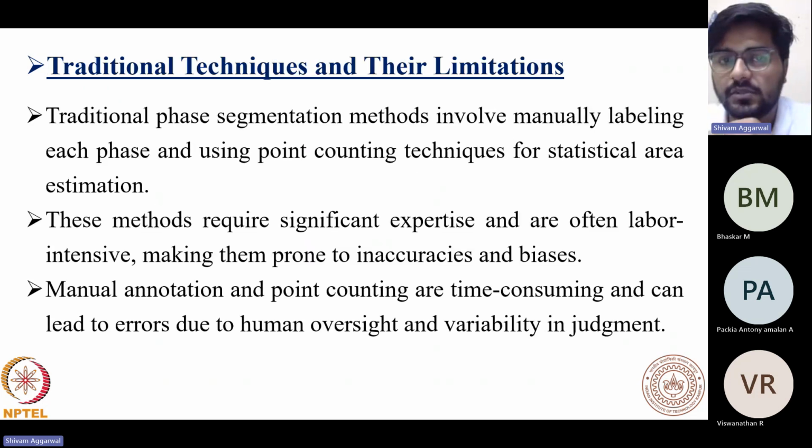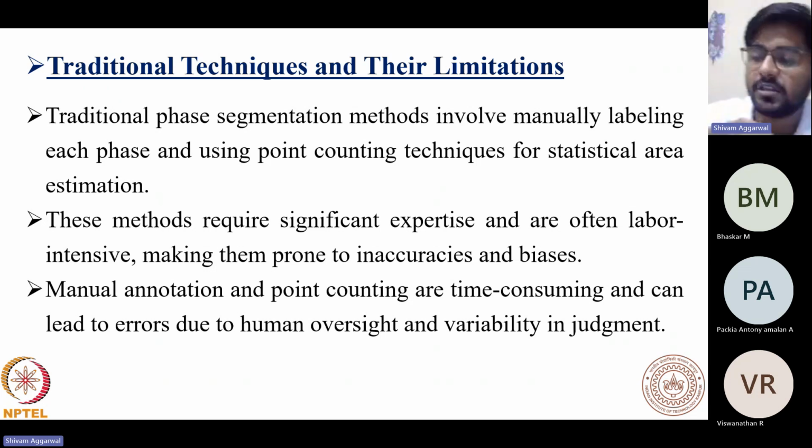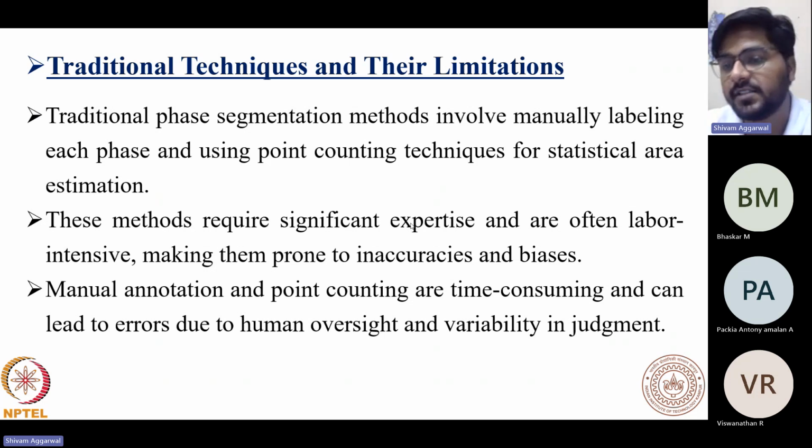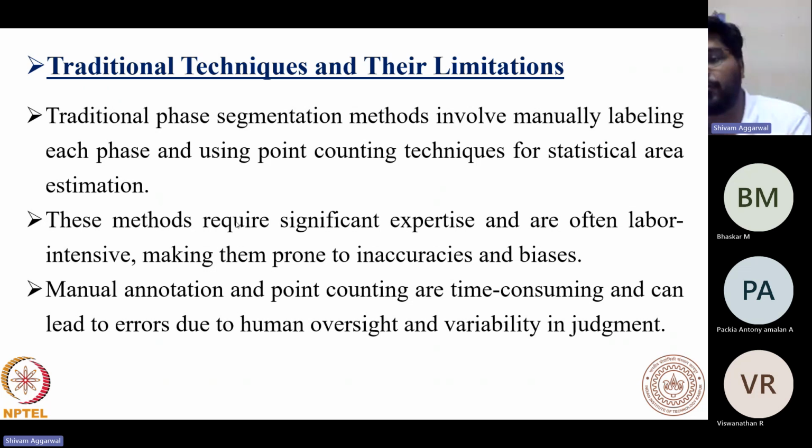As I told, traditional phase segmentation methods involve manually labeling each phase and using the point counting technique for statistical estimation of how much of each phase is there. This method requires significant expertise and is often labor intensive. It takes a lot of time.